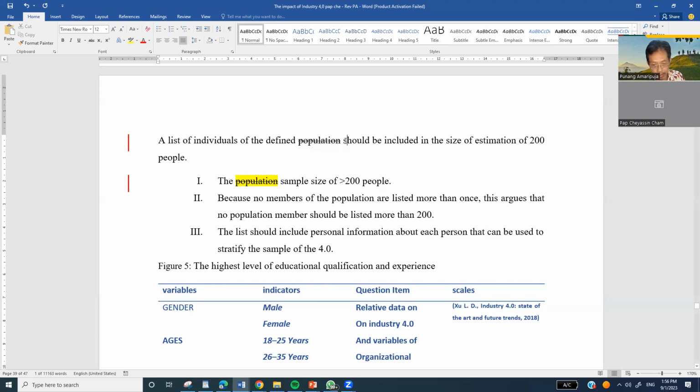You mean the sample more than 200, right? Yeah, the sample more than 200. Okay, that's fine. But then you would have to explain how you came up with the number. What's the basis of coming up with the 200 sample?